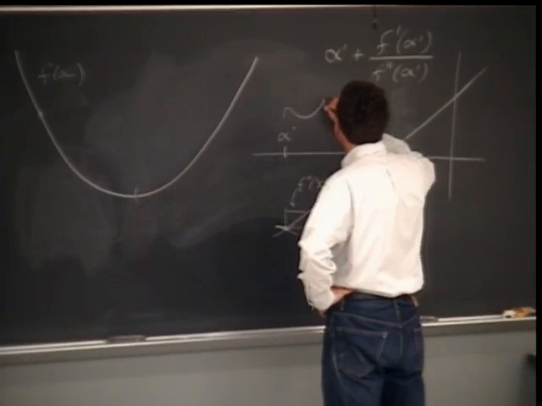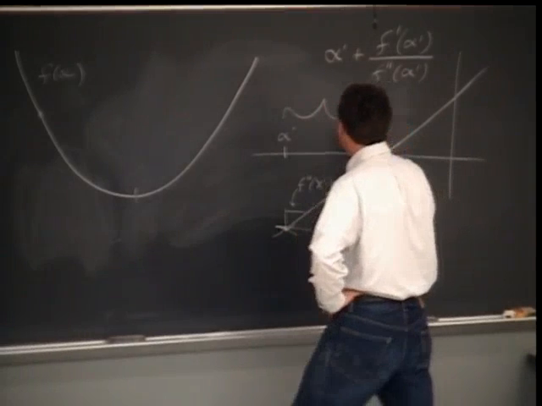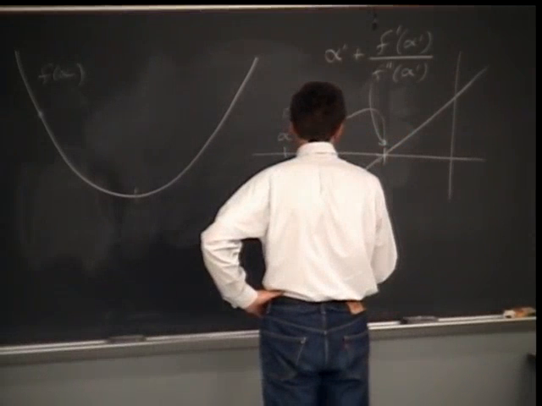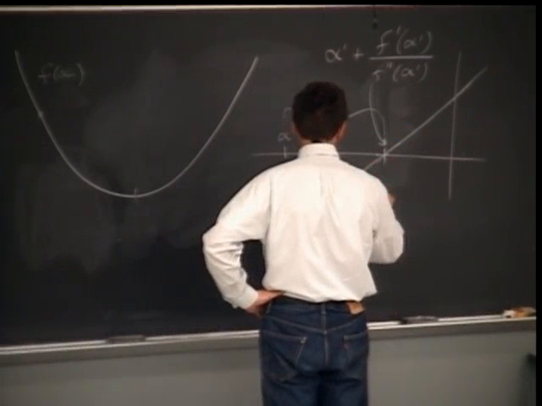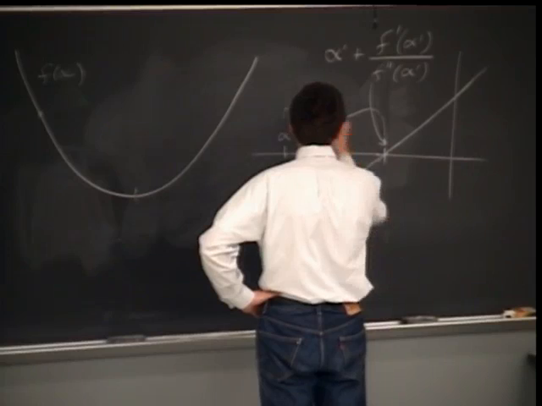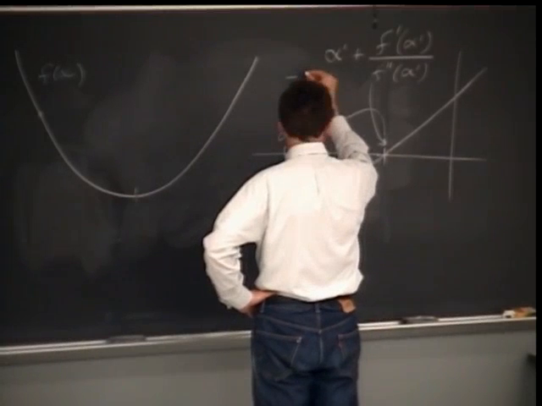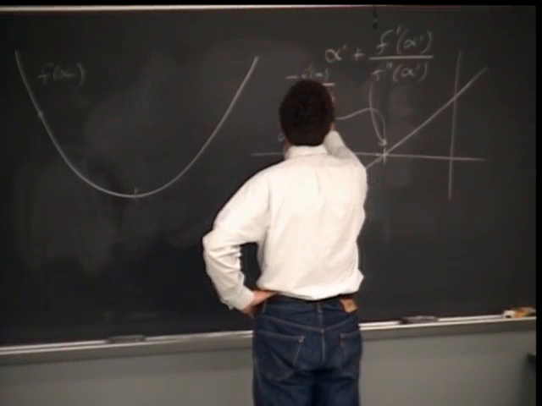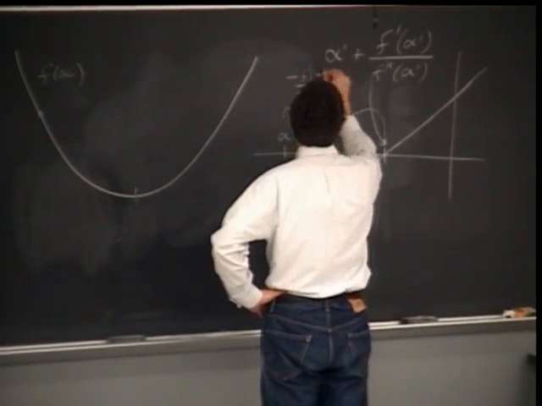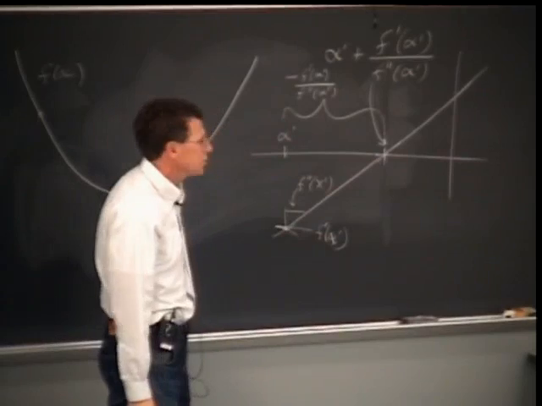So this distance here is going to be equal to the slope times the change, right? Oh, okay, so that distance is going to be minus f prime of alpha over f double prime of alpha prime, right? So this is simple geometry.